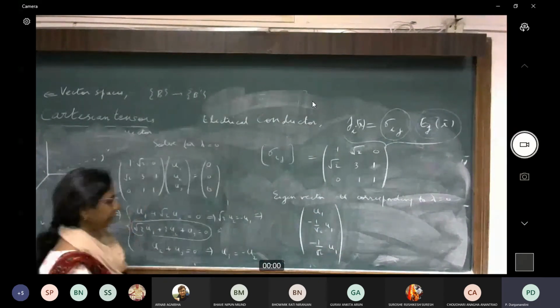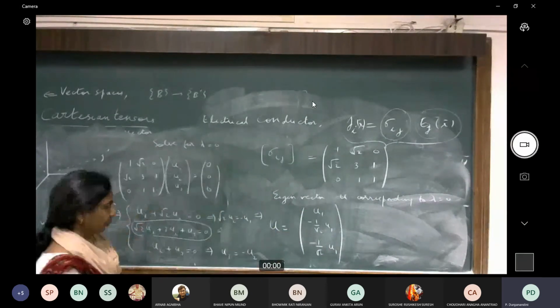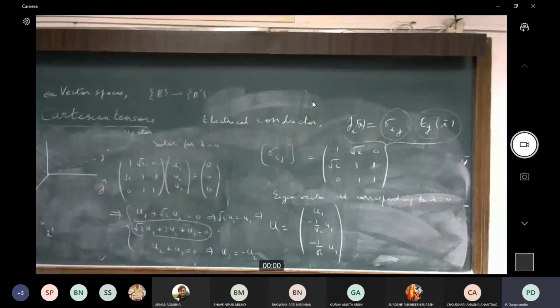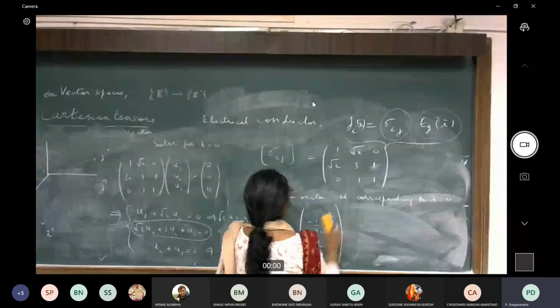Agreed? So my U equals this. Then I can choose some arbitrary U1. There's no point in making it the 0 vector because that's not what you're interested in. So I just put 1 here.